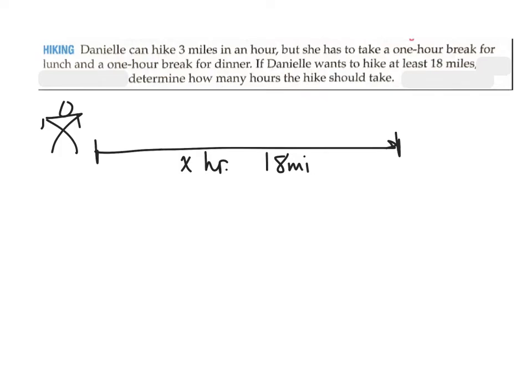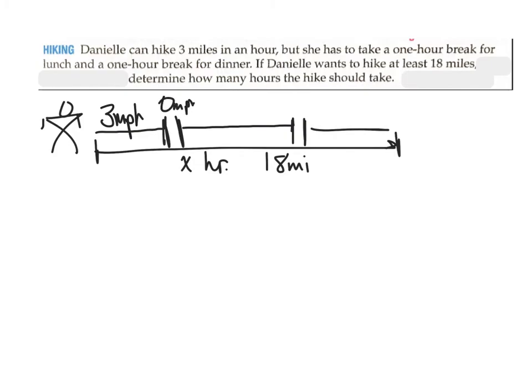So what's going to happen is she's going to hike for a while, and then she's going to stop, take a little bit of a break, hike for a while, stop again, have a little dinner break, and then hike for a while to get to the end. So Danielle is hiking 3 miles an hour only part of the time. When she takes those breaks, she's going 0 miles per hour, and then 3 miles per hour, 0 miles per hour, and again, 3 miles per hour.